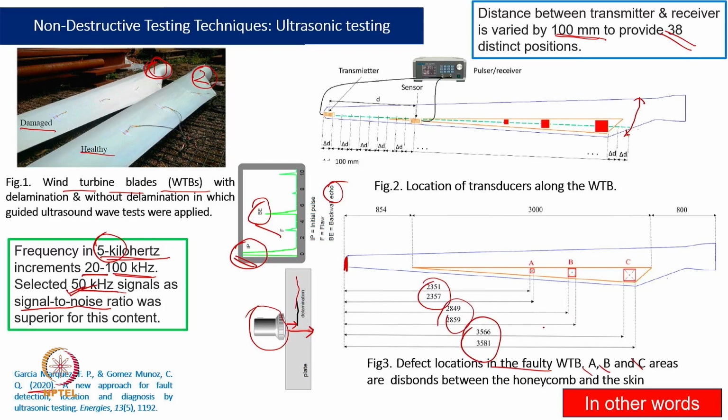Now, these are the defects A, B, C that have been shown, and what has been mentioned here is that these are the disbonds. There may be numerous faults, not just one, so naturally the question comes which kind of fault we are trying to diagnose. They tried to figure out the dislocation or disbond between the honeycomb structure they are using and the final skin.